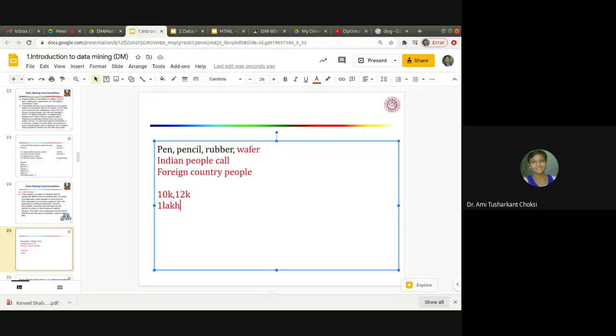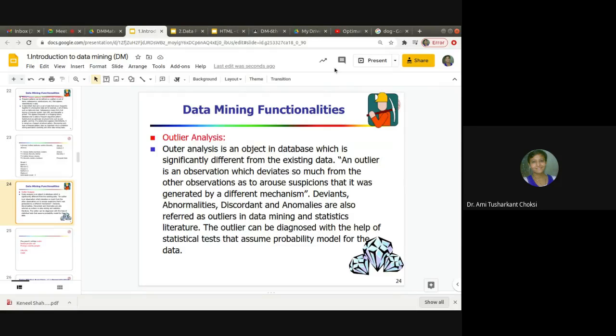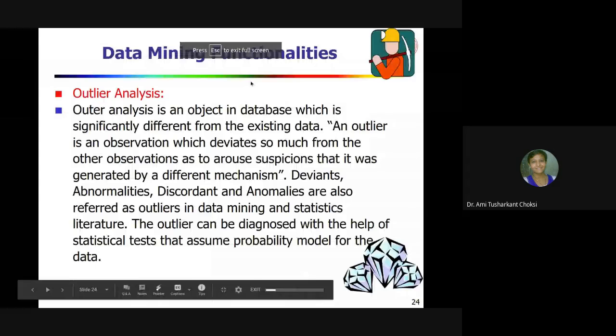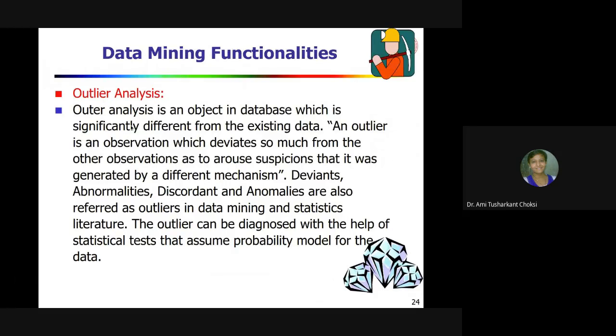And that is useful for detecting fraud, right? That is what is being used in detecting fraud. Okay, so now you understand. Outlier analysis deals with an object in a database which is significantly different from the existing data. An outlier is an observation which deviates so much from the other observations as to arouse suspicion that it was generated by a different mechanism, right?